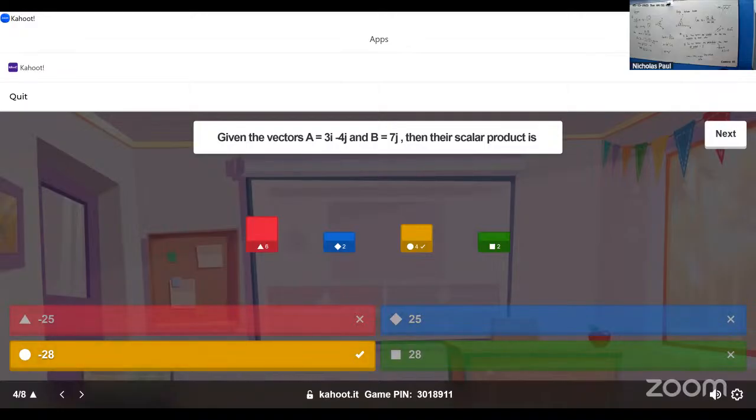Somebody got it the wrong way. Right, the little trick here was what? i dot j is what? It's 0, right? Not there, so it's 0.